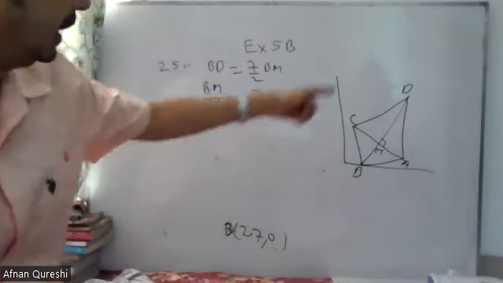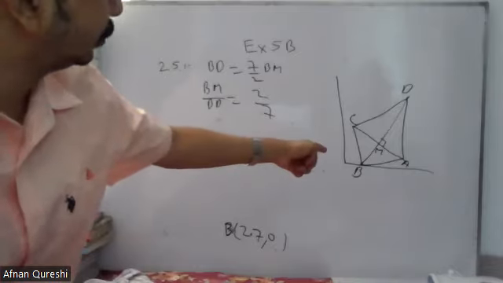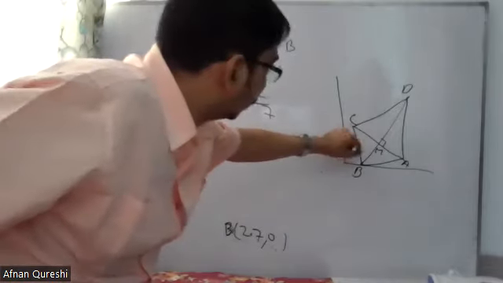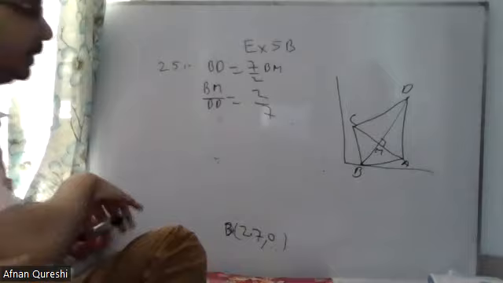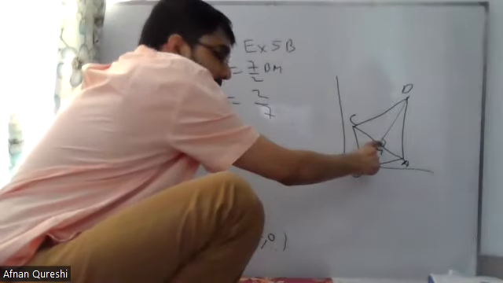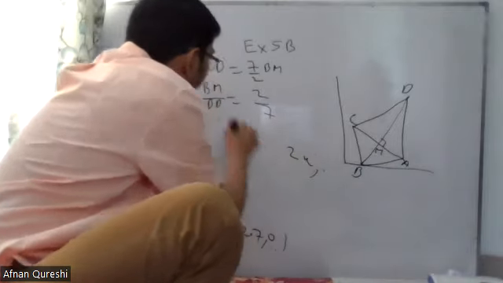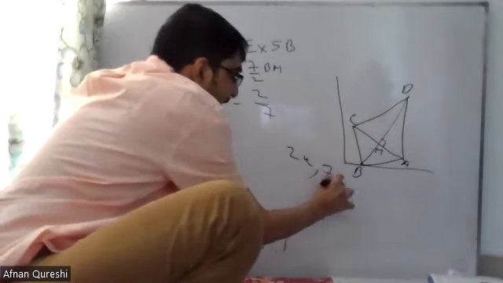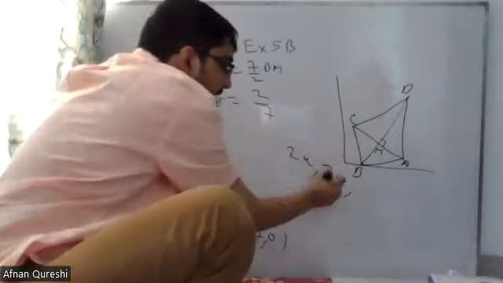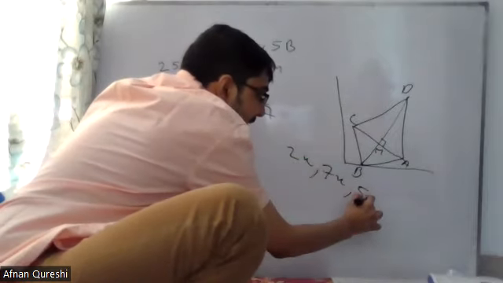BM is to BD as 2 is to 7. That means if BM is 2x, then BD is 7x. Then what is the length of MD? Just 7x minus 2x, it will be 5x.